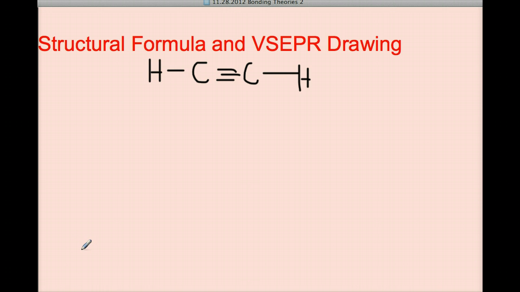Once again, you can look at your book in chapter 8.3 if you would like to see their models. So what we see is we are going to create this carbon right here and this carbon right here.